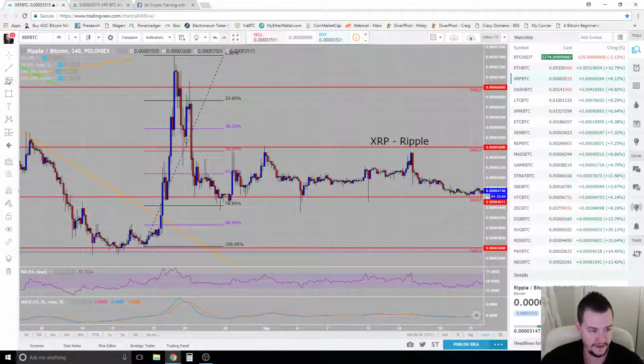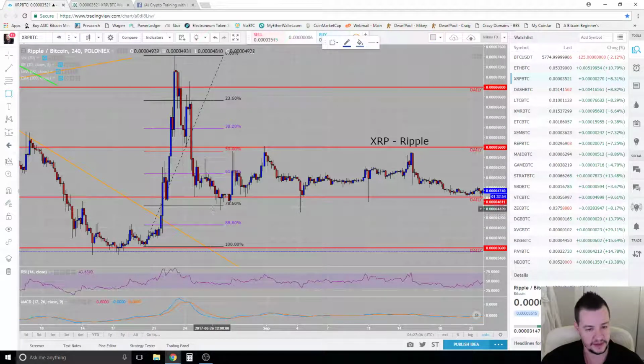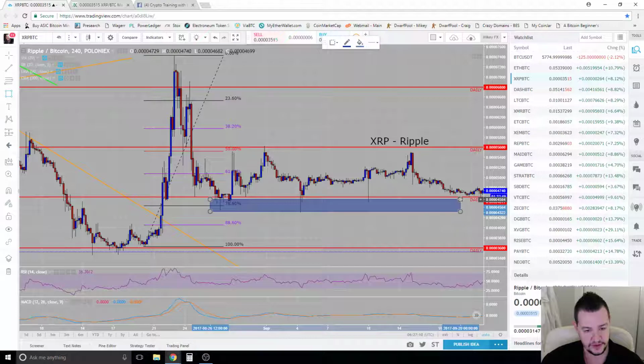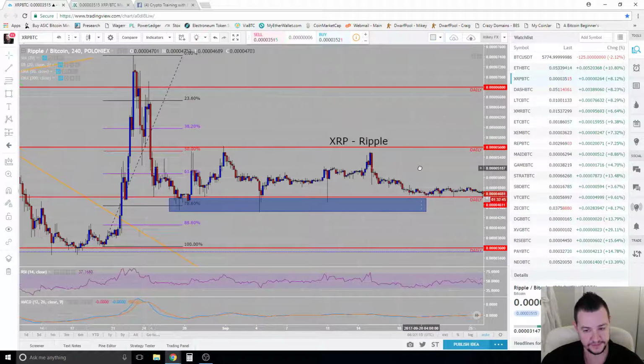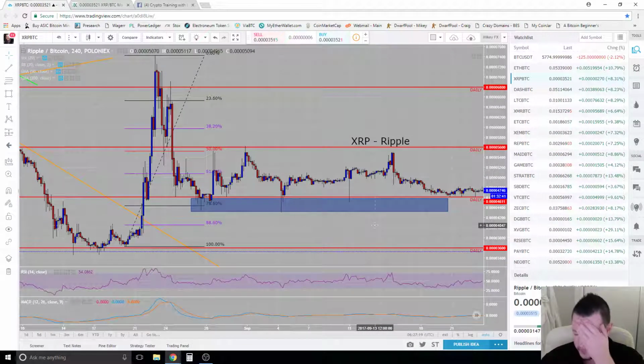If you want to delete a line, you just click on the line, press delete on your keyboard, that'll get rid of the line. Okay, to do the tool that I use for my supply and demand tools, this button here, okay, and then I use the rectangle. Same thing, you click it and drag it to wherever you want to go, and then you click again. Okay, now what you can use, a supply and demand thing basically goes from a wick, okay, to the body of the candle.